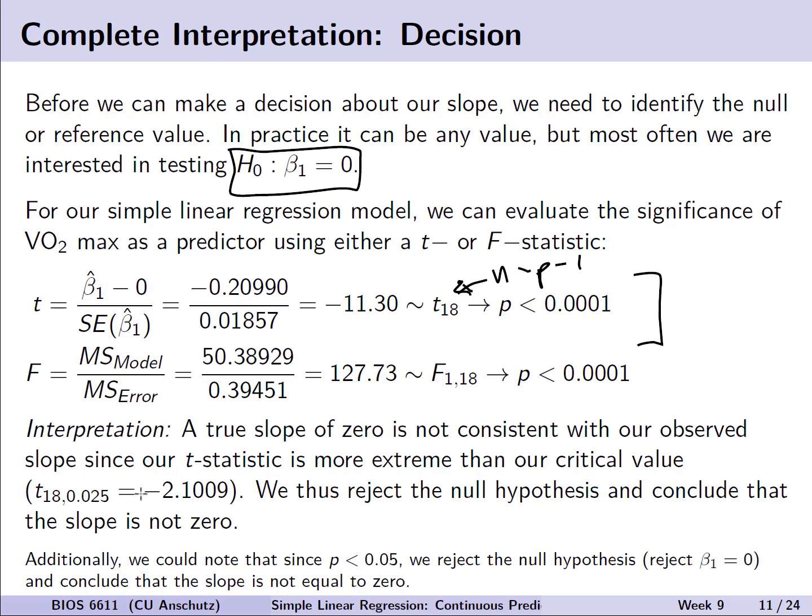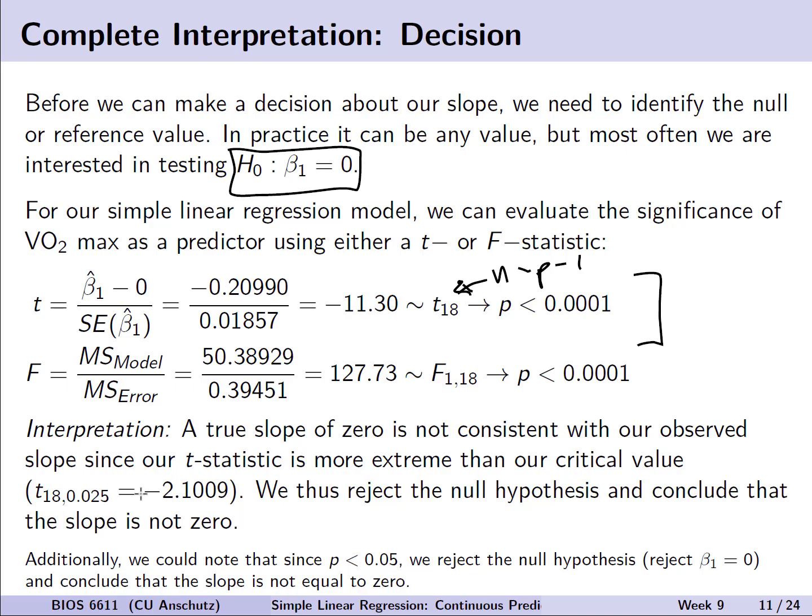Alternatively, we could also calculate the overall F statistic and do an F test from our ANOVA table to test if any of the predictors, in this case just our single predictor of VO2 max, is significant in our model. Doing so, we take the mean square model divided by the mean square error.